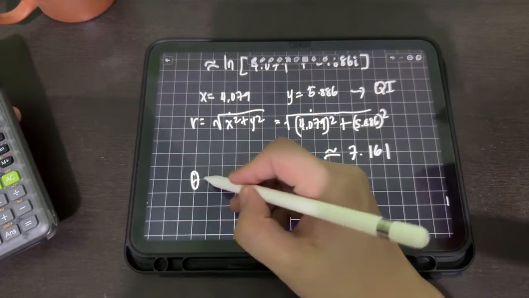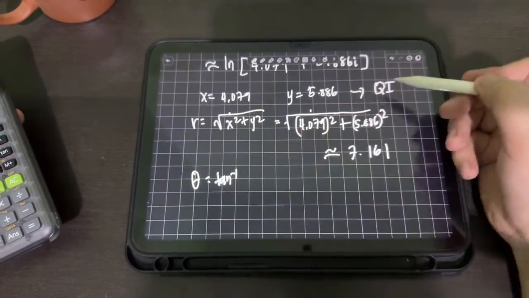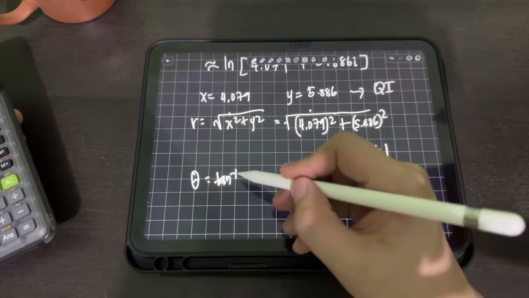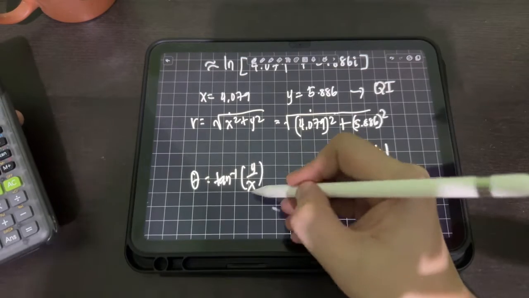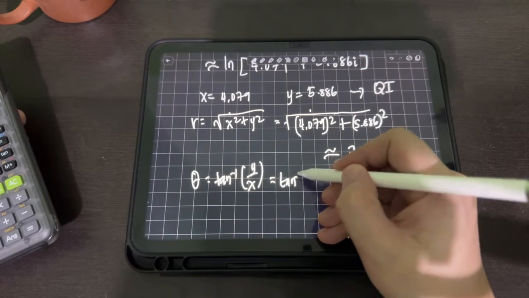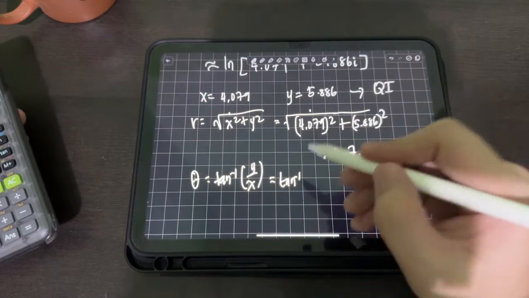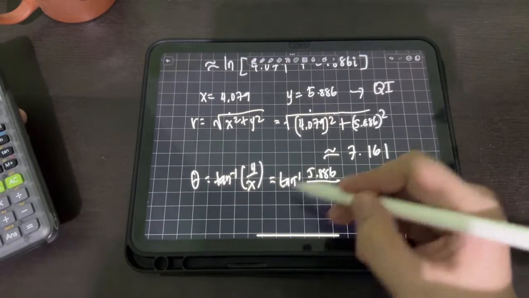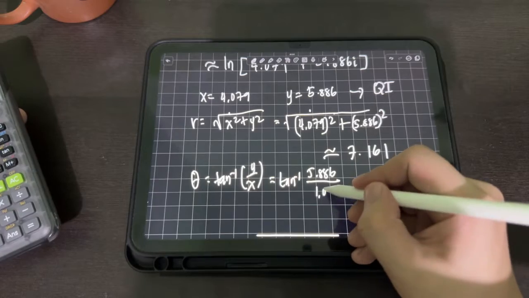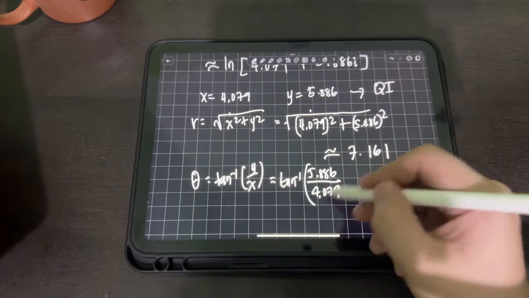And then for the theta, if the complex number z is in quadrant 1, the formula for theta is arctan of y over x, right? So substituting the values, we have y, 5.886, over x, 4.079.